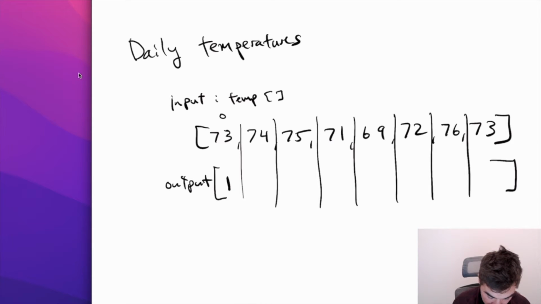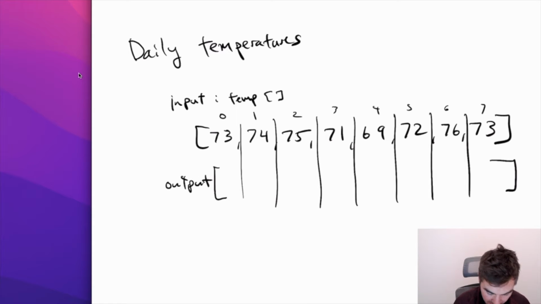And let's just put the indexes up here, 1 2 3 4 5 6 7. Okay, 74, the next day it's supposed to be warm is the next day, so on and so forth. So I'm not going to fill this out right now because I'm going to let the algorithm do that.